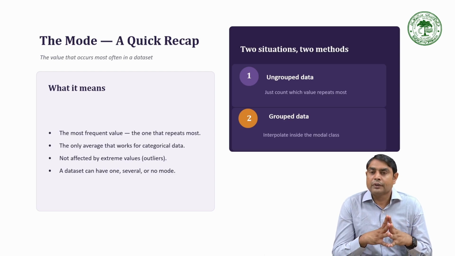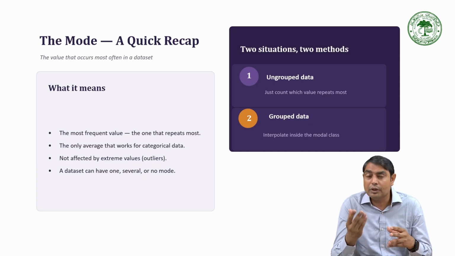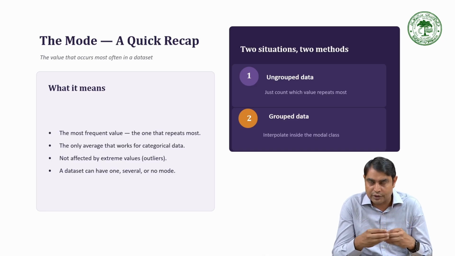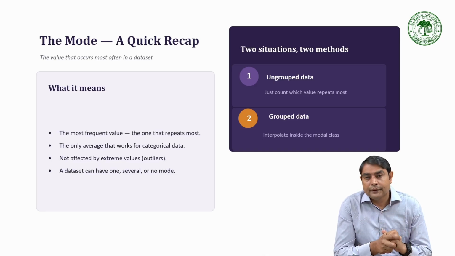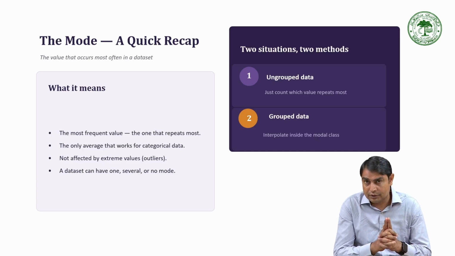Second thing, your data can have more than one mode. Your data can be bimodal, unimodal, depending on repetitions of the values in your data set. And like median, it is not affected by extreme values and outliers. So it is also free from outlier effects, unlike mean, right?